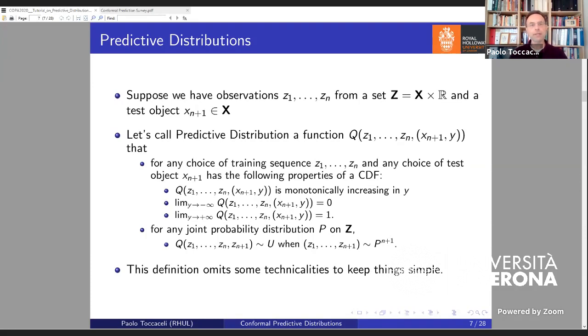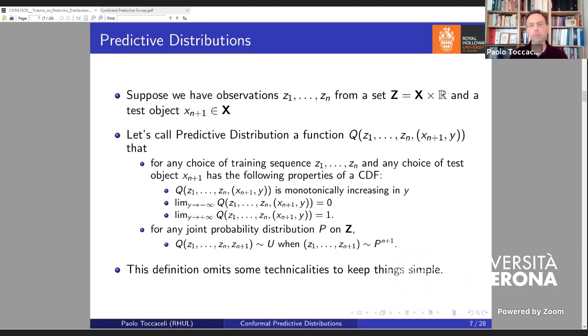So let's define predictive distributions for our context. We have observations Z1 to Zn from a set Z, and a test object denoted with x_{n+1}.